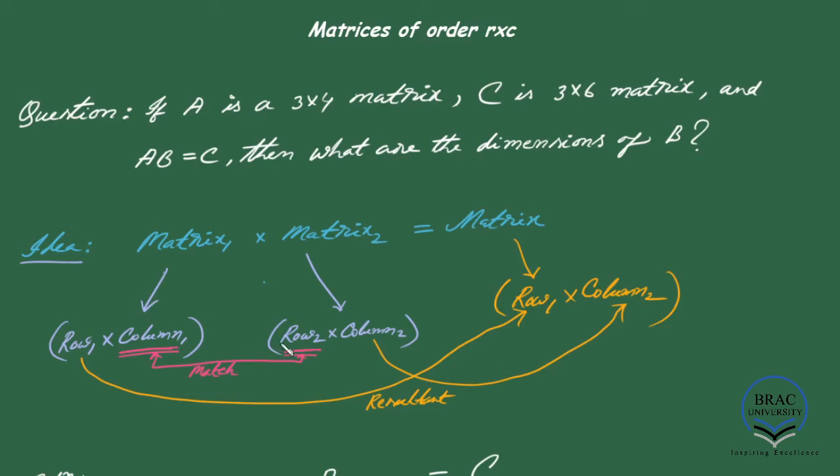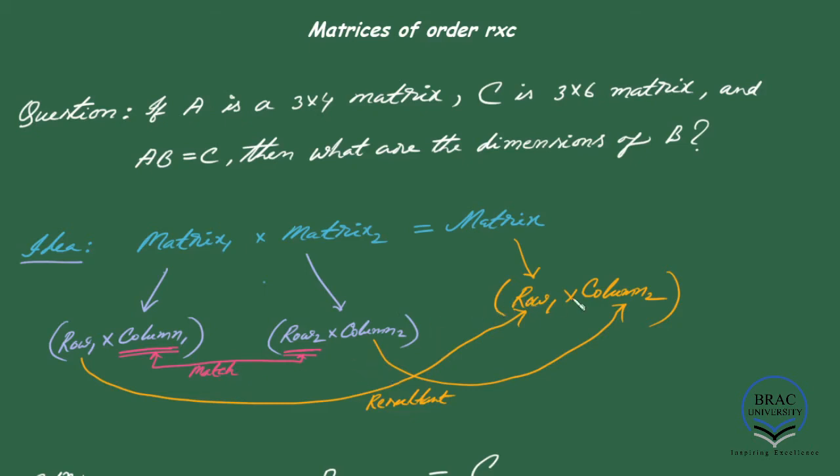Only then can we multiply two matrices. That's the precondition, the eligibility check for matrix multiplication. Every time you multiply two matrices, you have to check it, otherwise you might make mistakes. If they're eligible, we multiply them.